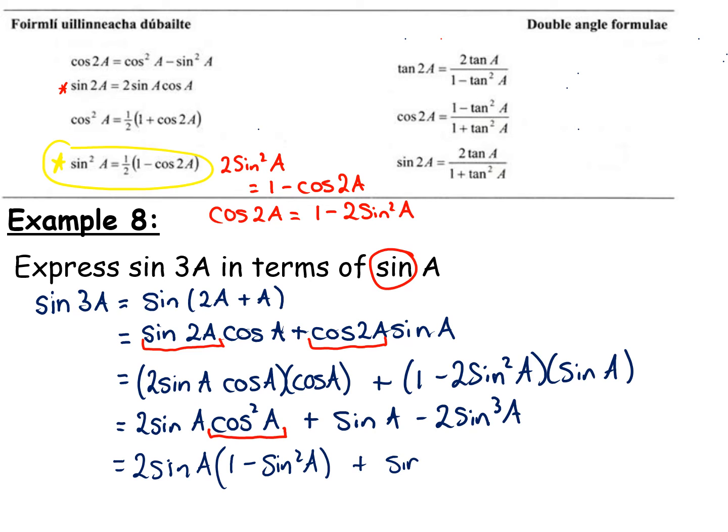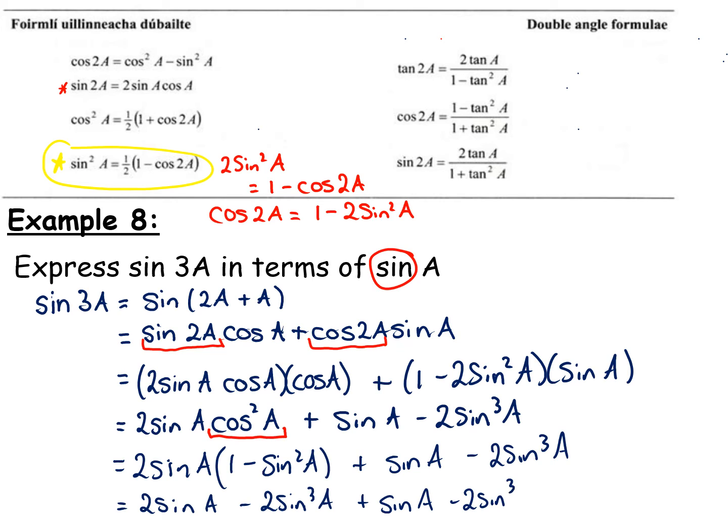And then I get a sine a minus 2 sine cubed a. Multiply that out: 2 sine a minus 2 sine cubed a plus sine of a minus 2 sine cubed a, and that can clean up to 3 sine a minus 4 sine cubed a.